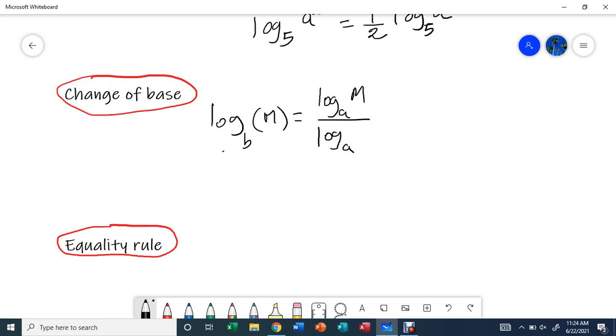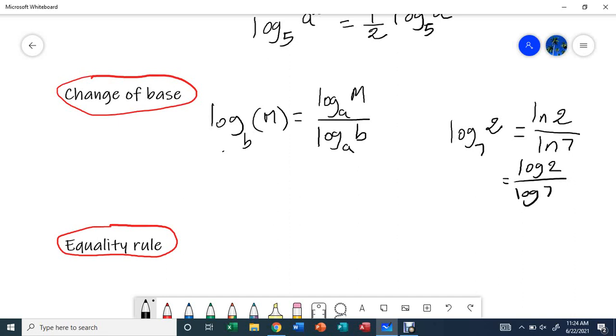For example, what's log base 7 of 2? I'm just going to choose natural log and do natural log of 2 divided by natural log of 7. I can choose log base 10 if I want. So log of 2 divided by log of 7 will give me the same thing.